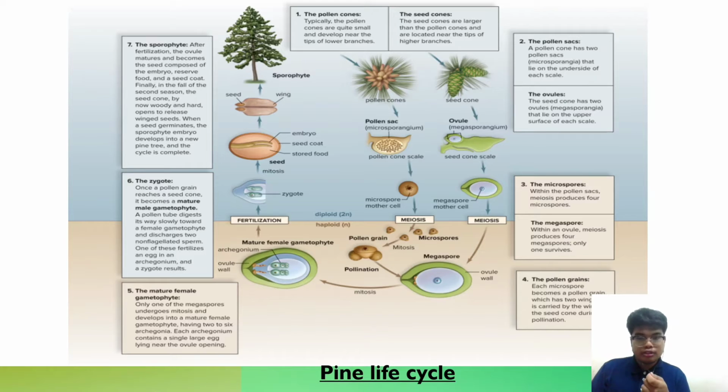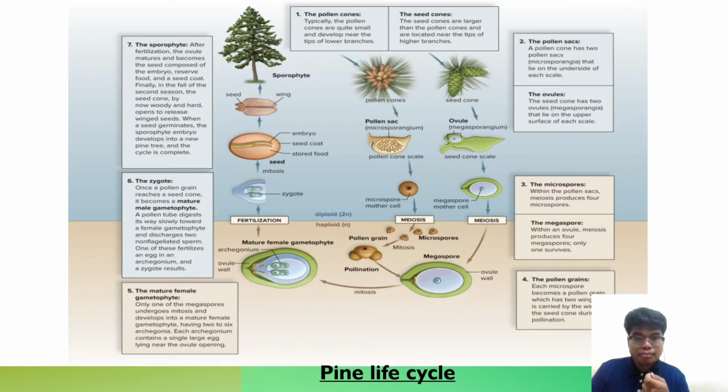We now look into the pine life cycle. Pine trees have two cones, which are the pollen cones and the seed cones. The pollen cones have microsporangia and the seed cones have megasporangia. The pollen sac will undergo meiosis and produce 4 microspores. Meanwhile, the ovule will produce 4 megaspores, but only one will survive.